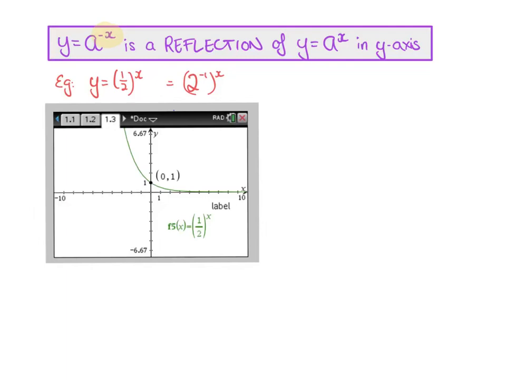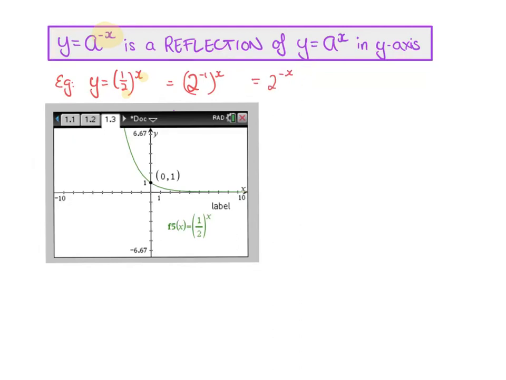You've seen our normal graph went like that, and so now we've got this mirror image. Just remember, if I have a half to the power of x, we can say that's the same as 2 to the negative 1, to the power of x, which equals 2 to the negative x. So it'll be the same.